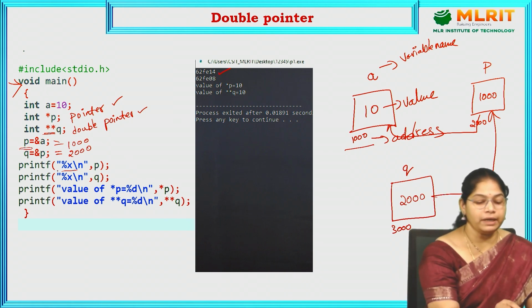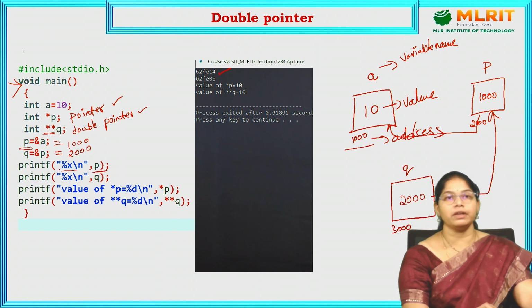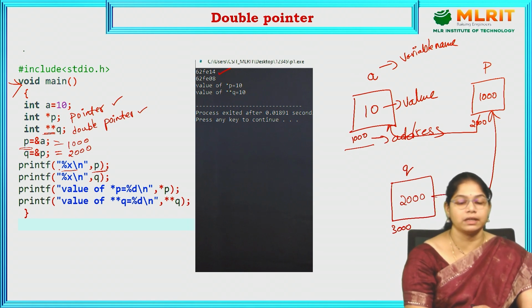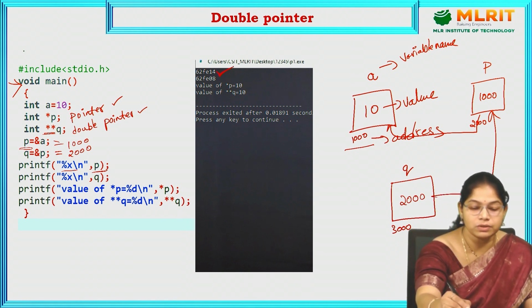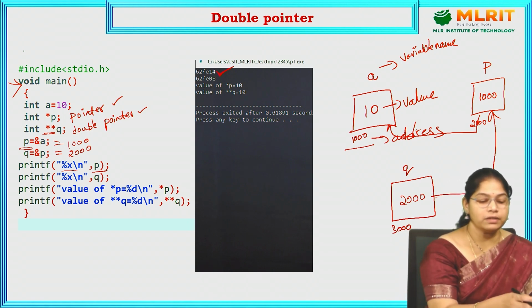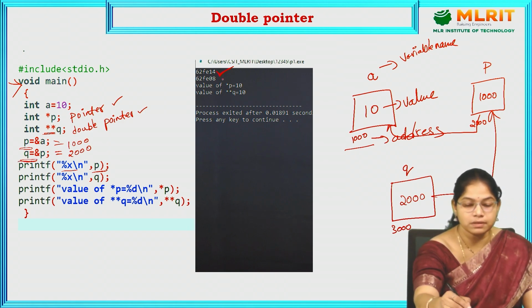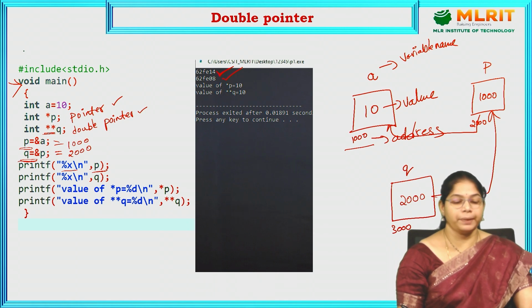So printf percentage x slash n, p, where I used this format specifier because the address is in hexadecimal form. Then this is the address of the variable a. If I want to print the address of a pointer variable, the address of the pointer variable is stored in q, the double pointer. Then this is the address of p.